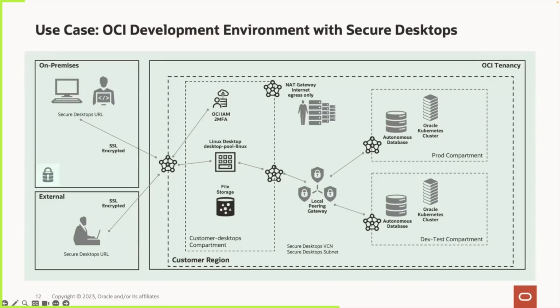So this is sort of what you see in the picture here, is we see customers using on-premise desktops or laptops that might actually be behind, in their WAN environment, but also maybe even on the road, connecting in securely through secure desktops into essentially a work, quote unquote, laptop that is connected through to whatever service they need to connect to.